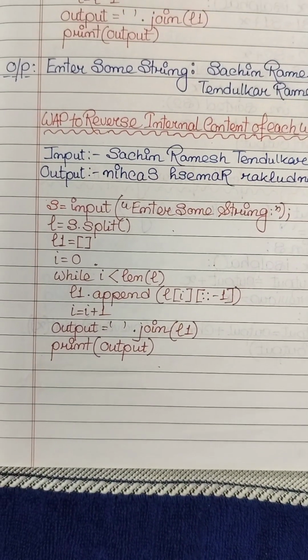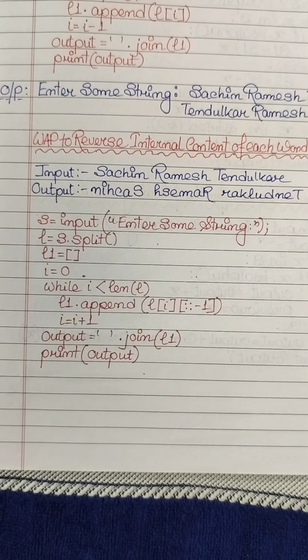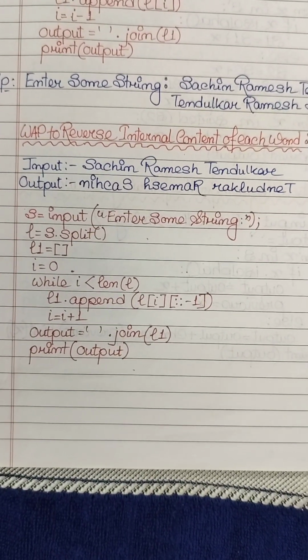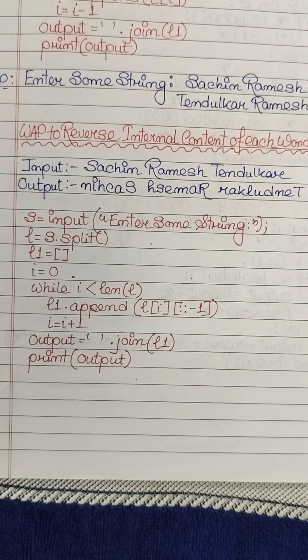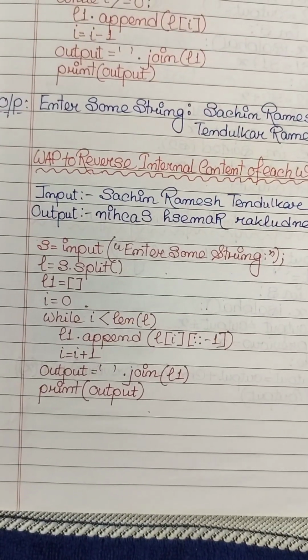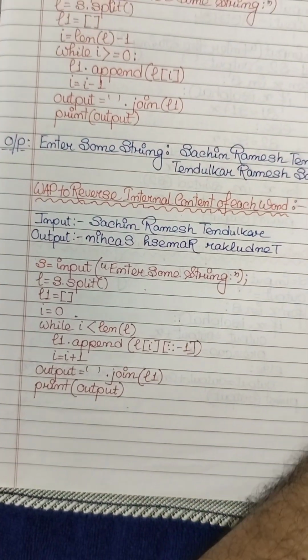So if we put Sachin Ramesh Tendulkar, then it will come as NIHCAS HSEMAR RAKLUDNET. Okay, so friends, these are the two examples of Python programs.